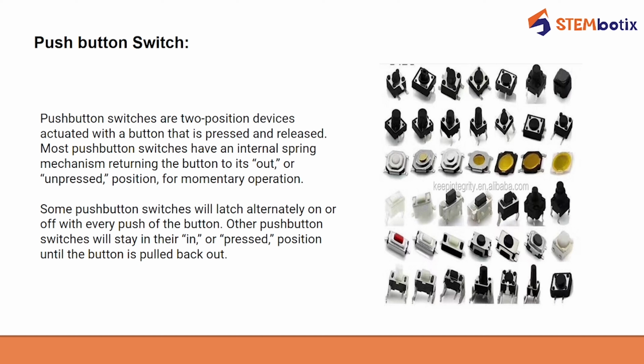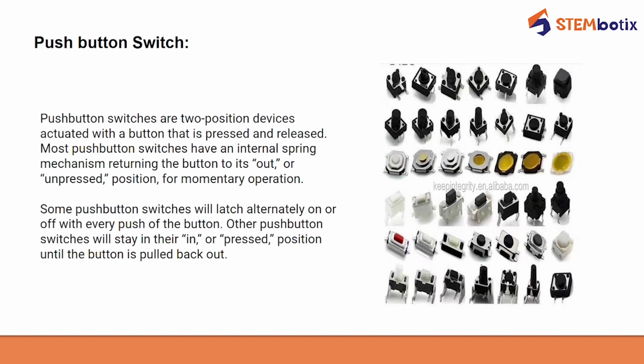For momentary operation, some push button switches will latch alternately on or off with every push of the button, and other push button switches will stay in their in, or say pressed, position until the button is pulled back out. So in this category also there are two different types.